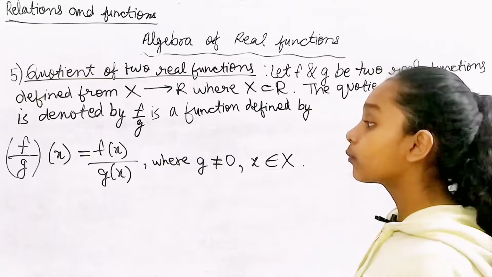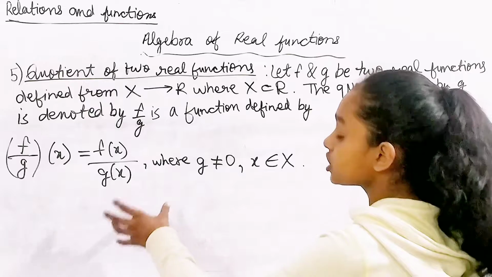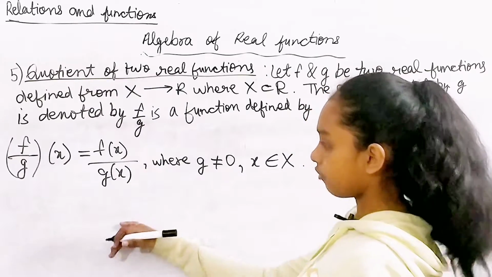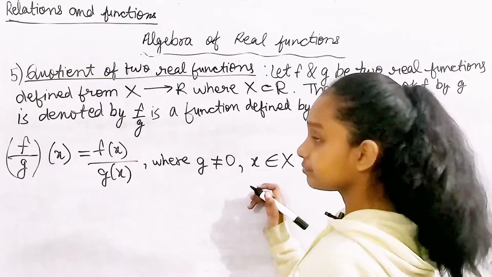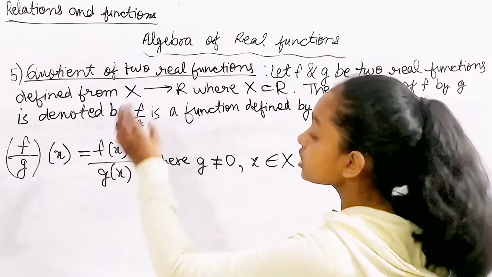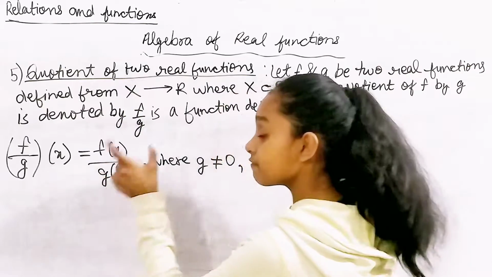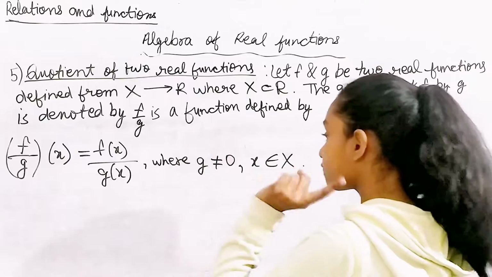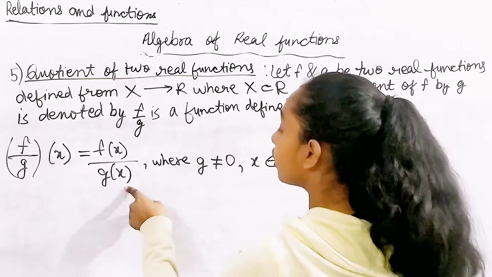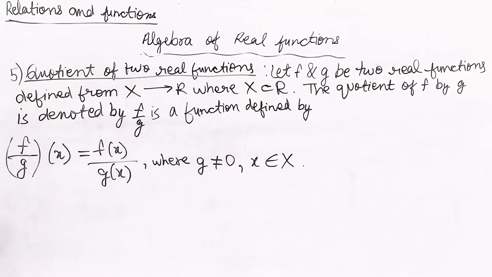One thing we have seen is that if we have any fraction, any division, we have a denominator, and the first thing we always have to remember is that the denominator is not equal to 0. It can't be equal to 0.